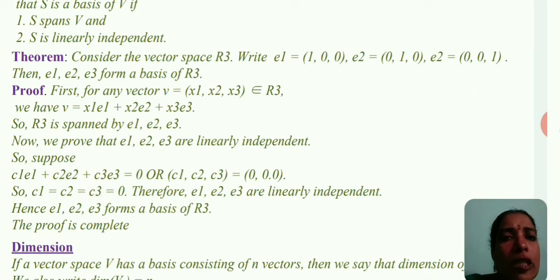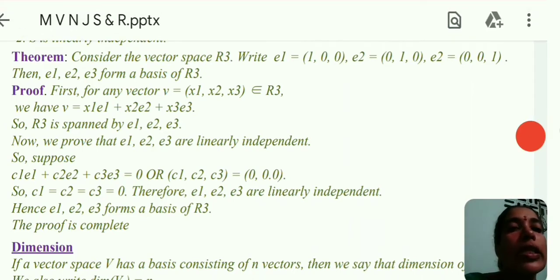Here R3 is spanned by E1, E2, E3. Now we prove that these three elements are linearly independent. Linearly independent means you take the linear combination C1 E1 plus C2 E2 plus C3 E3 is equal to 0, or C1, C2, C3 is equal to 0, 0, 0.